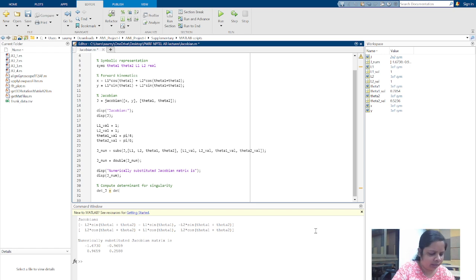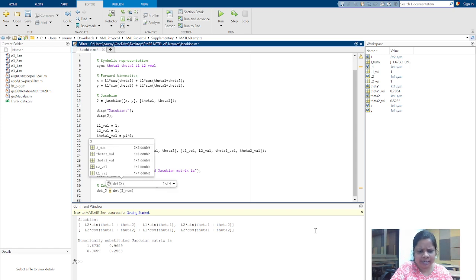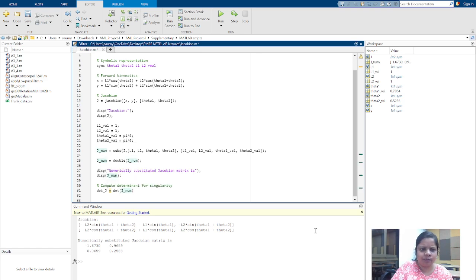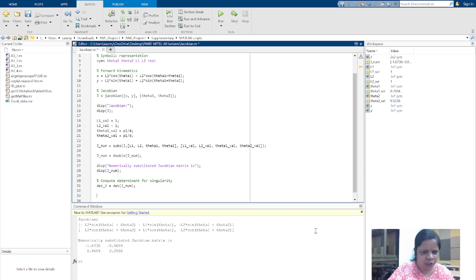You have to write det of, let's say we want to calculate for jnum only. Why should we calculate it for J? We'll have to substitute again. So let's not substitute again. Let's calculate for jnum because we already have it here. So you get the determinant of J to be determinant of jnum.